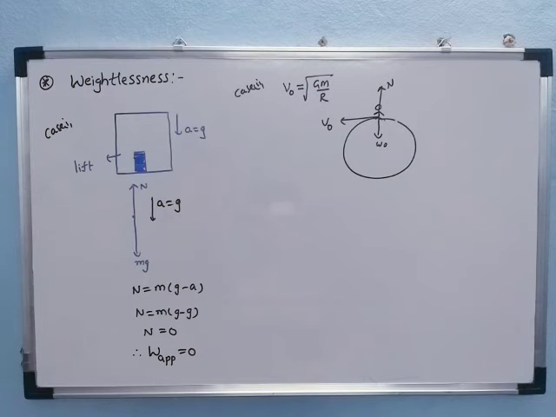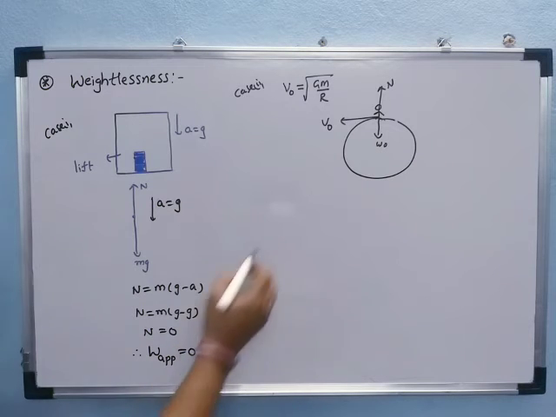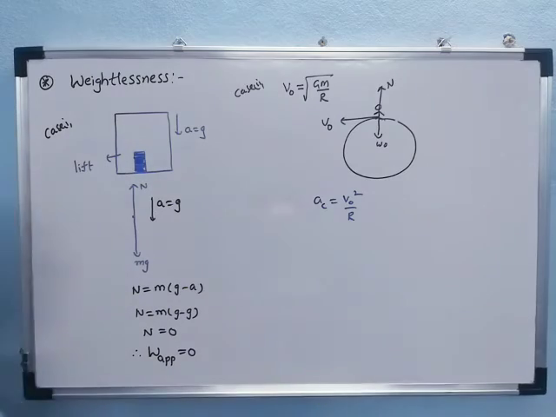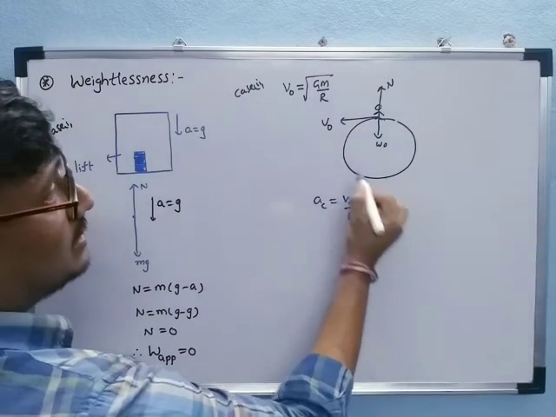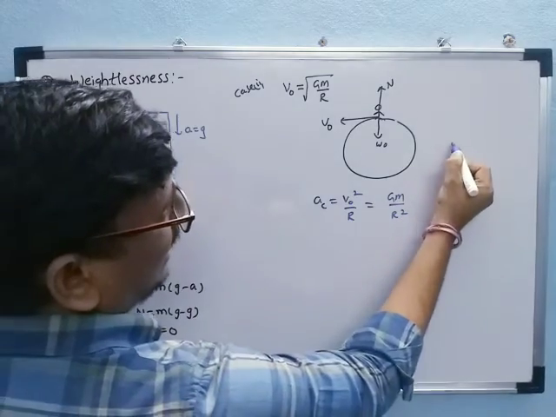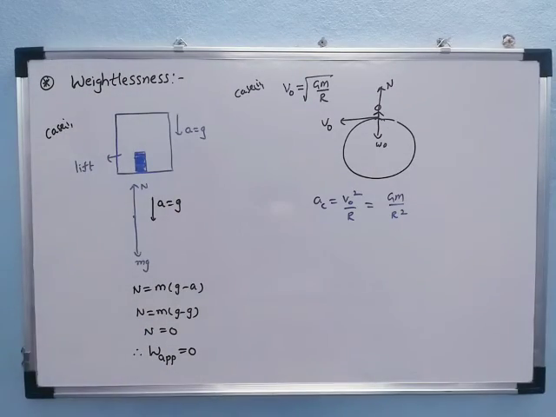Then the centripetal acceleration a c is equal to v naught square by r, which is GM by r square. Now you can draw the free body diagram of this.